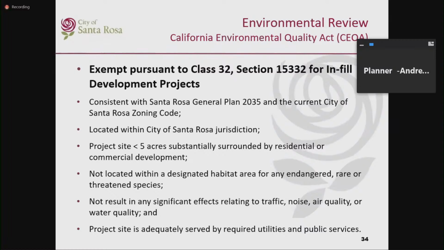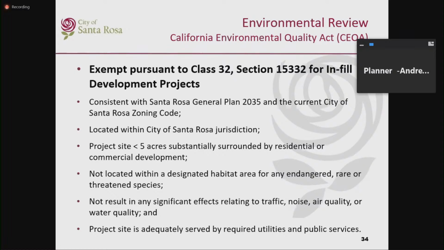So this project was reviewed as required under the California Environmental Quality Act. It was determined that the project is exempt pursuant to Class 32, Section 15332 for infill development projects. Specifically, it is consistent with the Santa Rosa General Plan and the current zoning code. It's located within the city of Santa Rosa.